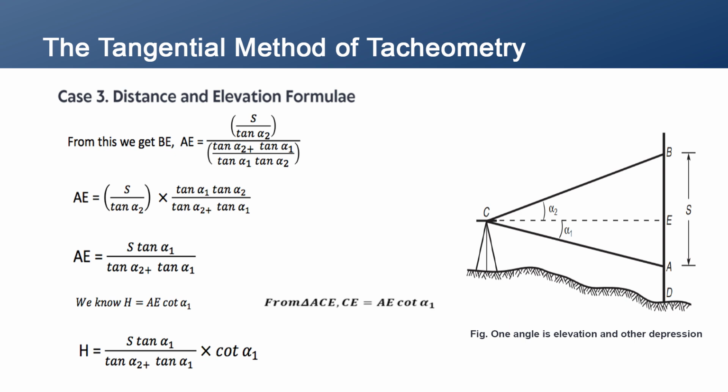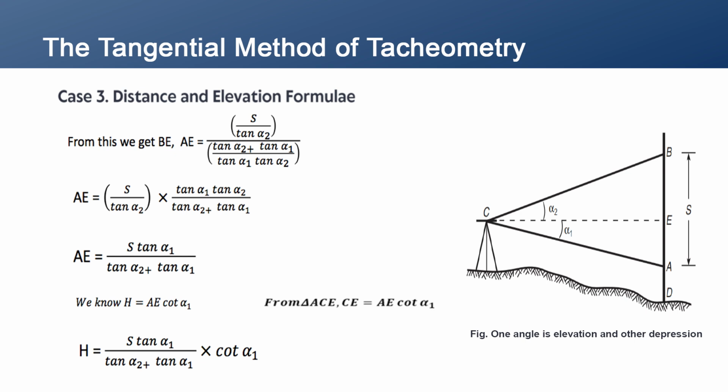This leads to AE = S × tan α1 tan α2 / (tan α2 + tan α1), with a factor of 1/tan α2 outside. From this, cancelling the tan α2 from the numerator and the denominator, AE is tan α1 by tan α2 plus tan α1, times S.